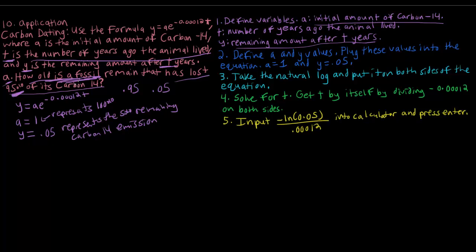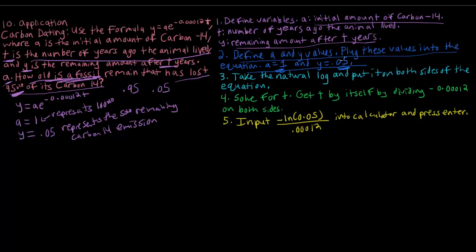Step 2, define A and y values. Plug these values into the equation. We already know A equals 1 because A is 100% of the total carbon-14. And we know y is 0.05, which represents 5%, because 95% of the carbon-14 is lost and there's only 5% left.